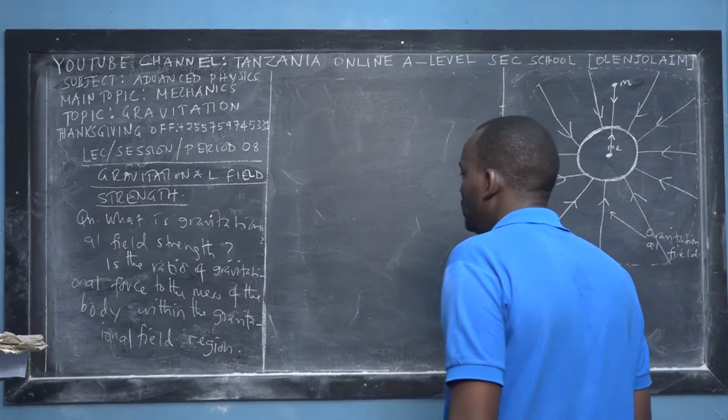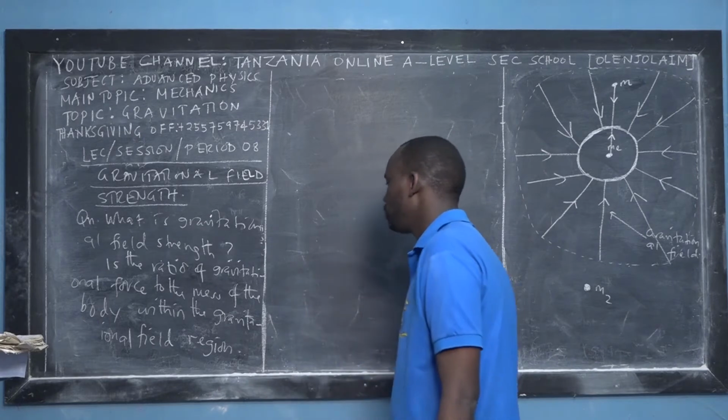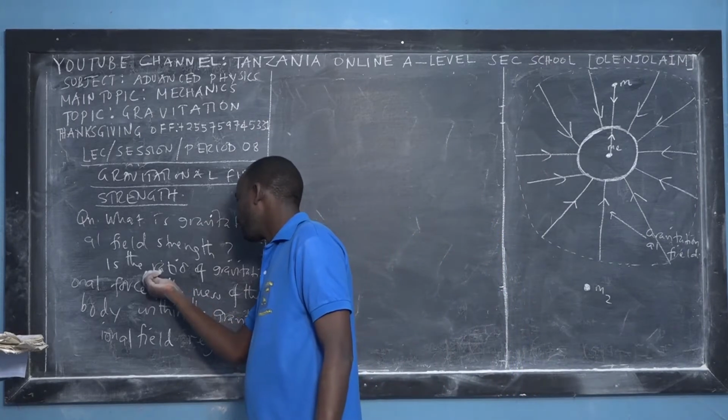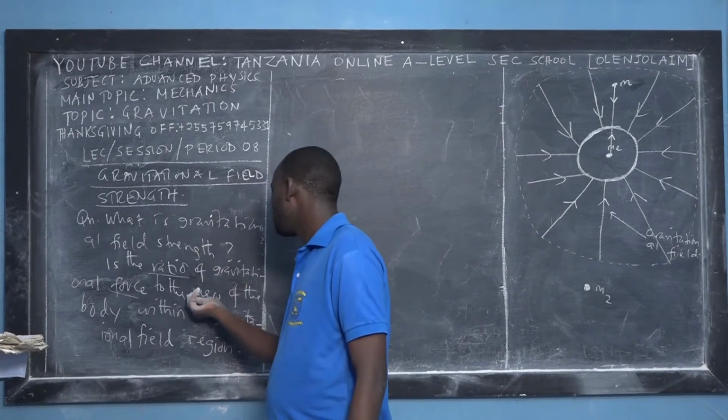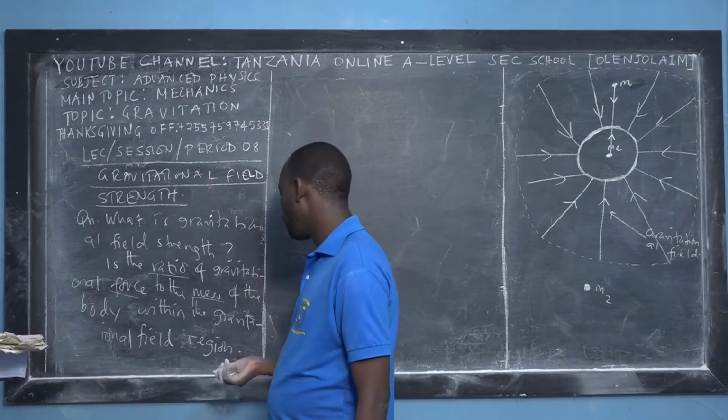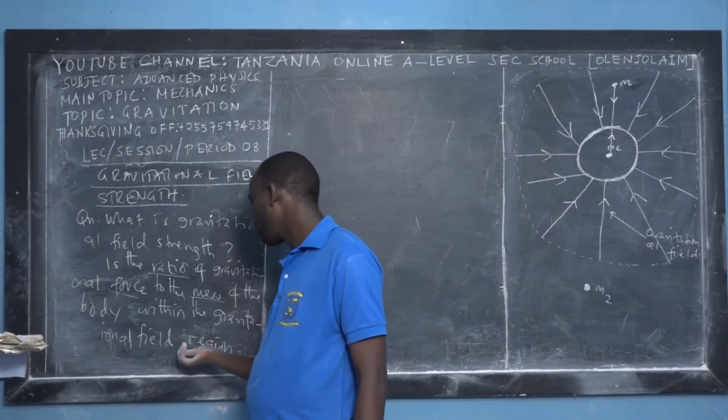So we say that gravitational field strength is a ratio of gravitational force to the mass of the body within the gravitational field region.